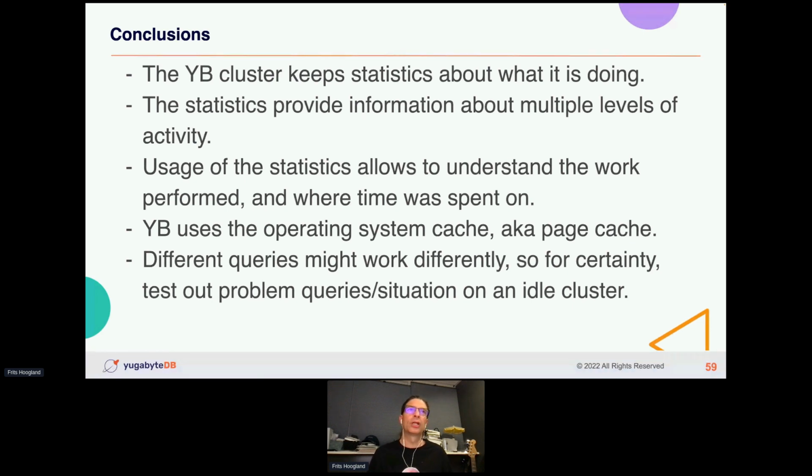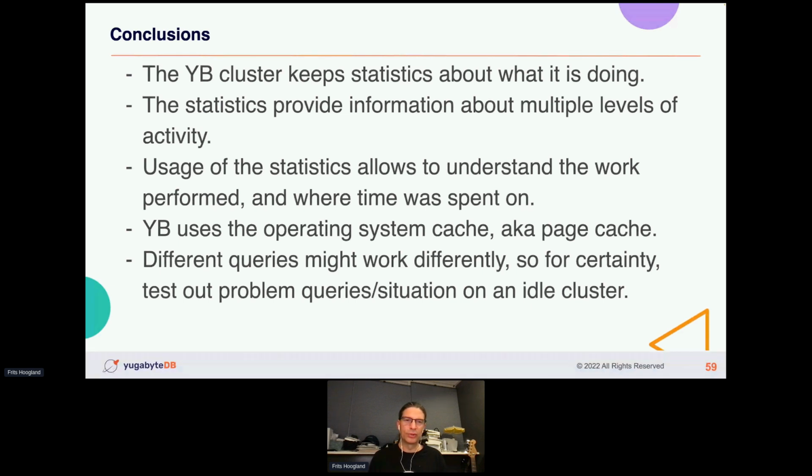So I'm not using a secret magic point of statistics. These are just the statistics that we provide, and they are also available as Prometheus statistics. So you can just point your Prometheus node at it, and it will fetch it.